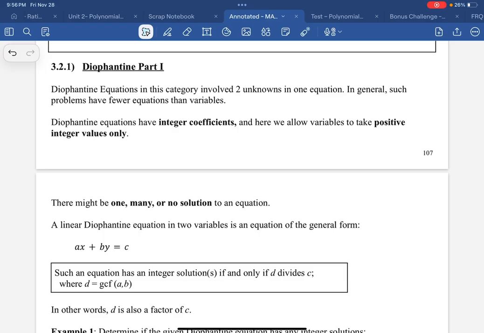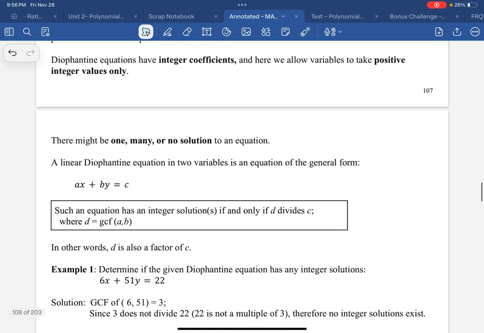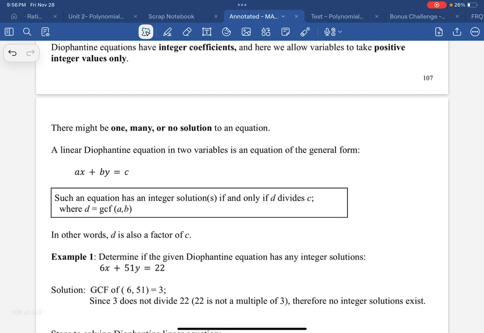Diophantine equations have integer coefficients, and we allow variables to take positive integer values only. So there are some restrictions to these types of equations that don't always apply. A linear Diophantine equation in two variables is an equation in general form.